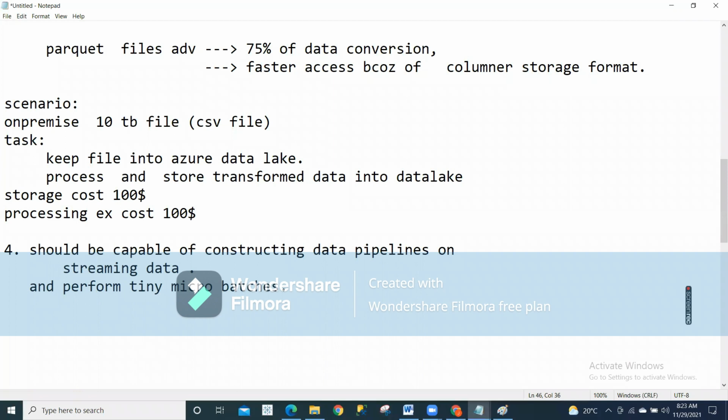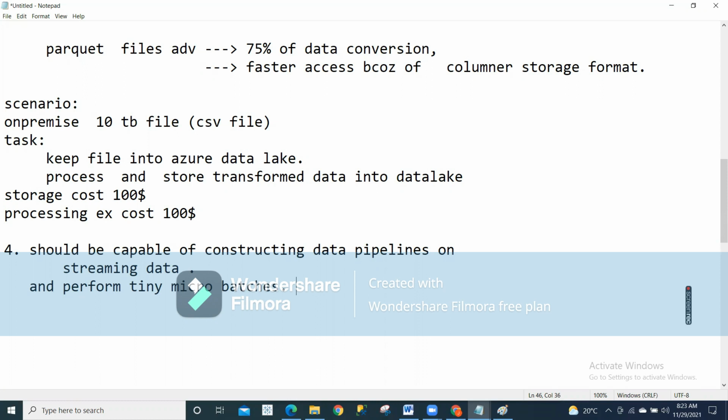Already I explained about it. Because of IoT involvement, because of logs involvement. Previously, logs were used only for understanding running system problems. But nowadays, these logs are being used for user behavior. They are tracking user behavior.